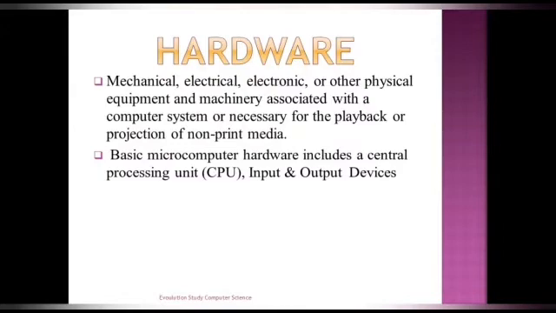Mechanical, electrical, electronic or other physical equipment and machinery associated with a computer system or necessary for the playback or the projection of non-print media. Basic microcomputer hardware includes a central processing unit, CPU, and input and output devices.